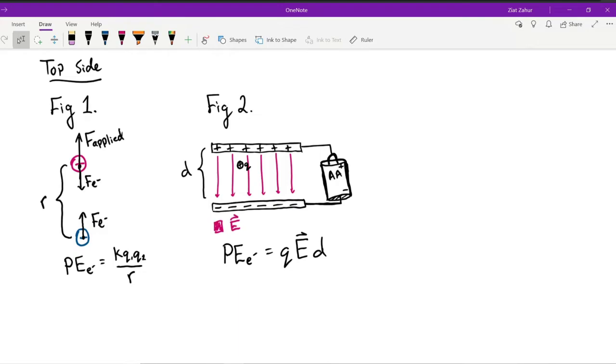Alright, so a couple of things. Uniform electric field. It has the same spacing in lines, so the distance between my purple arrows has to be equal.